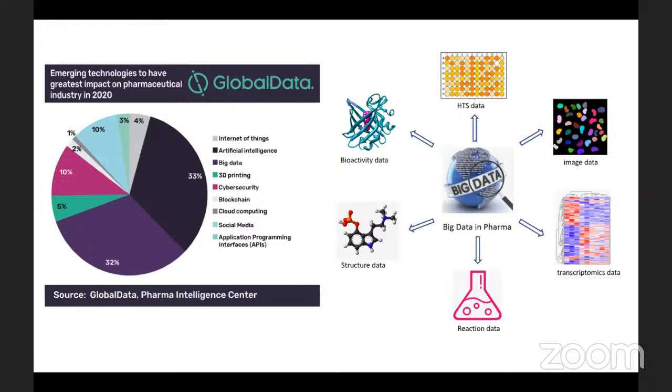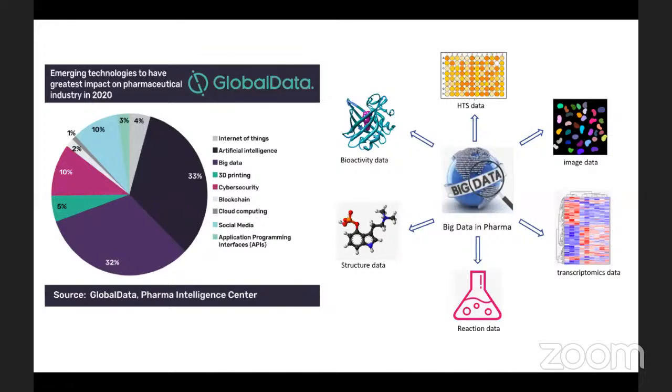Data has always been an integral part of life sciences. But with the availability of computational power now, the volume and the heterogeneity of this data have also increased immensely. So, I mean, it complements each other in a way.